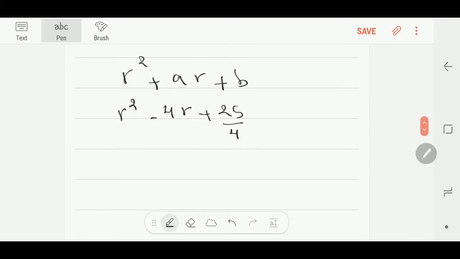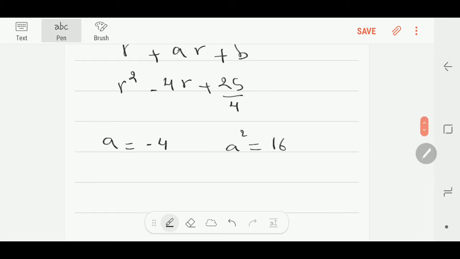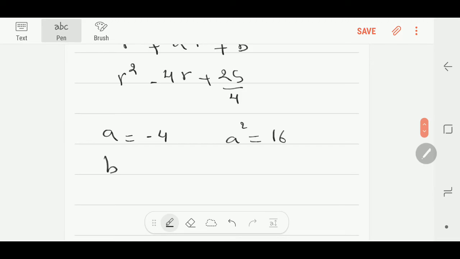So here you go. All you need to do is quickly find what a is. It's not going to take you a long time. In this case, a is minus 4. So a squared is 16, and then what's our b? B is 25 over 4, and then 4b is basically 25.